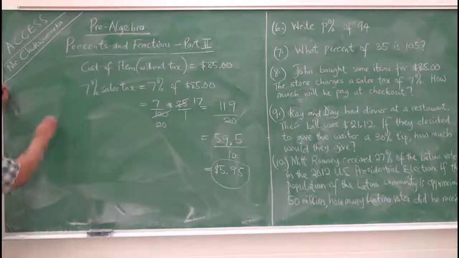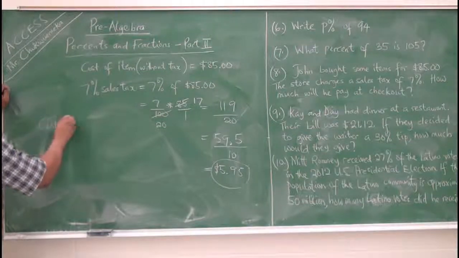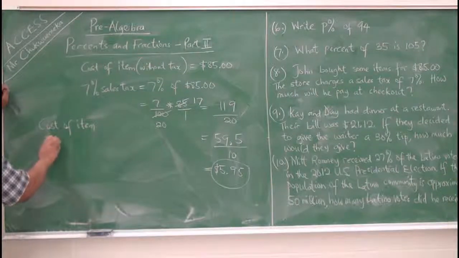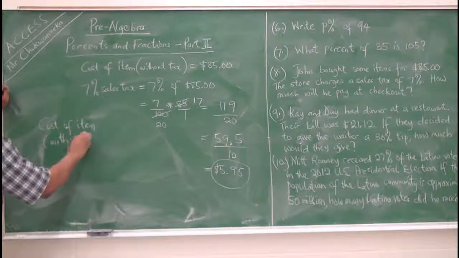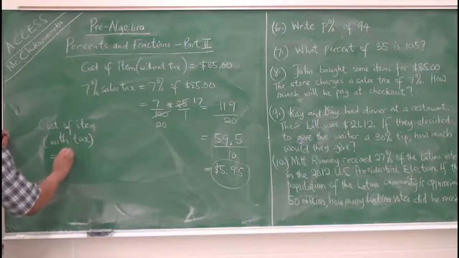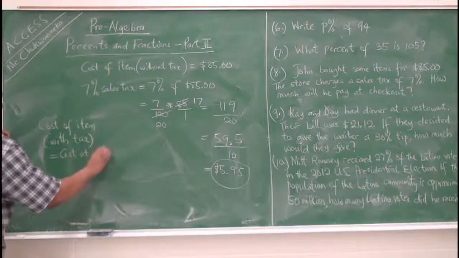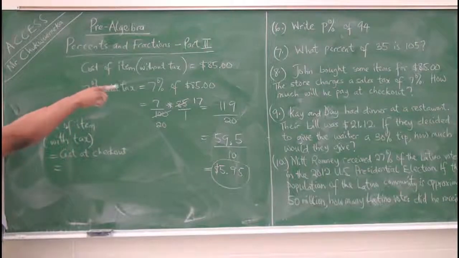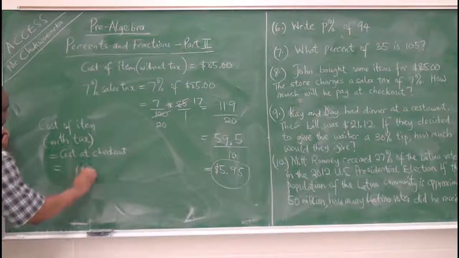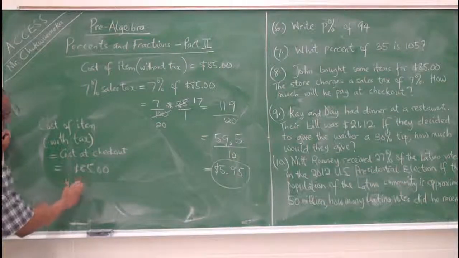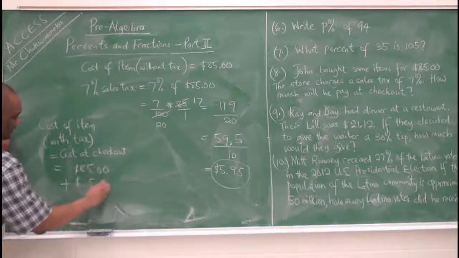So you now have therefore cost of item with tax. With tax will now be how much you will pay at checkout, or cost at checkout. So he's going to pay the cost of the item without tax, which is $85, plus the tax, which is $5.95.